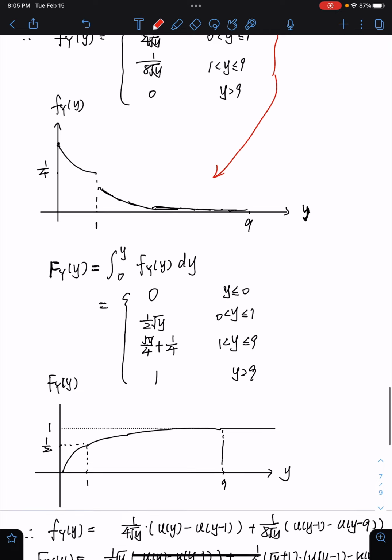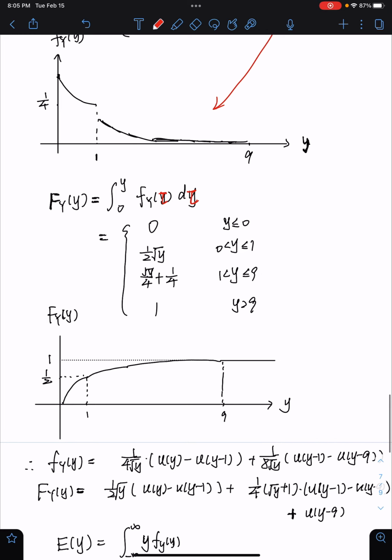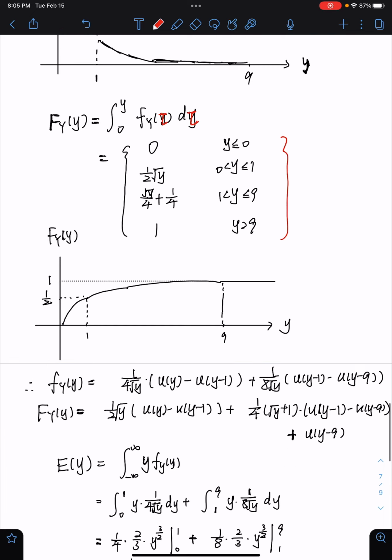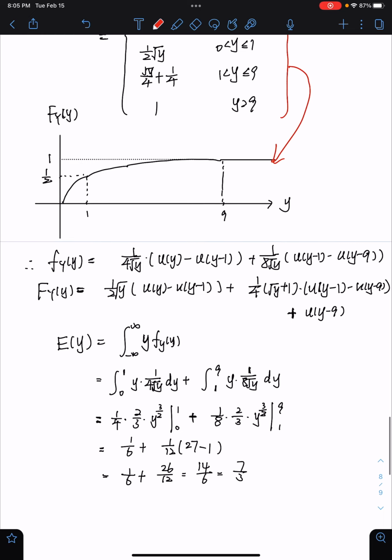In order to get the big F_Y, we can integrate small f_Y with respect to dy, f_Y of tau with respect to d tau. So we can also get the big F_Y function, which is listed here. And according to these functions, we can draw the graph of big F_Y.